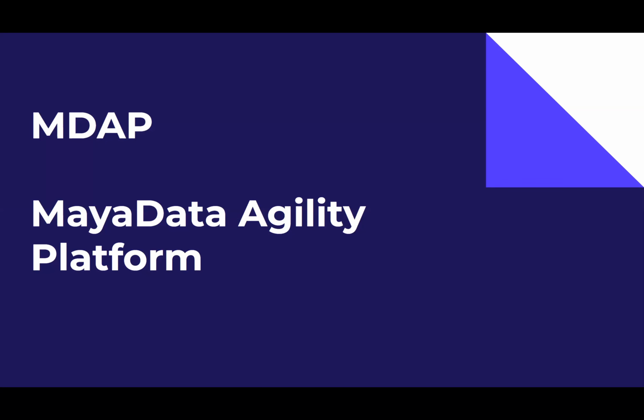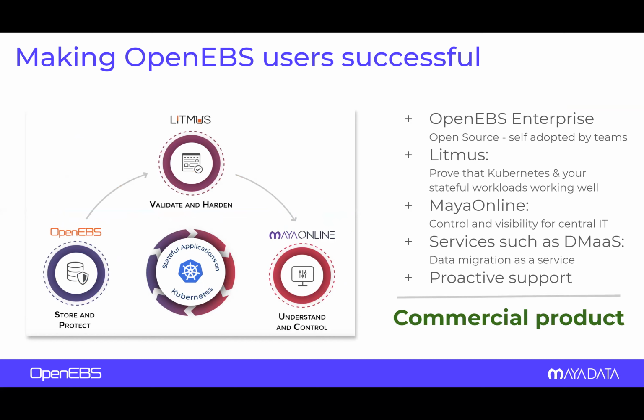As a company, we built a platform called MayaData Agility Platform, which packages support for OpenEBS, delivered as an enterprise version where you get our assistance, up to 24/7 support. You get access to bug fixes and patches before everyone else.